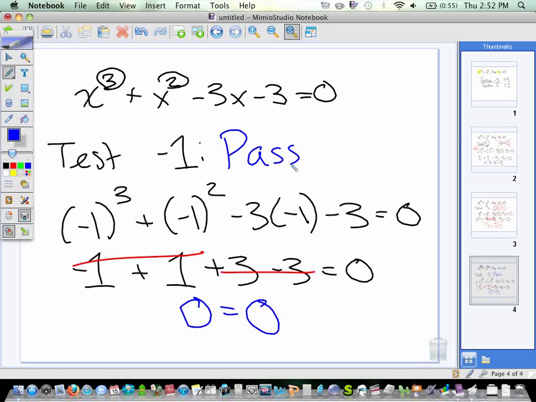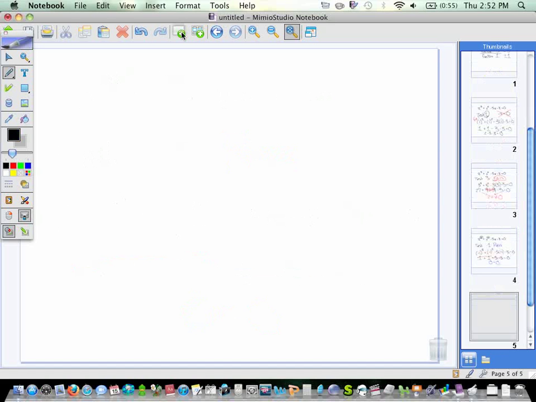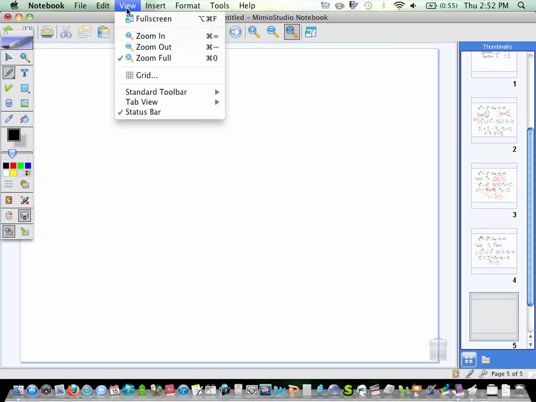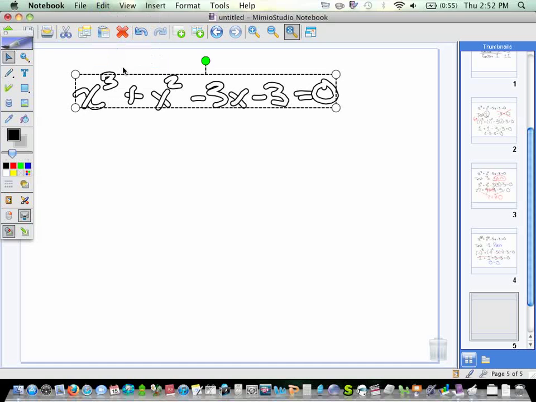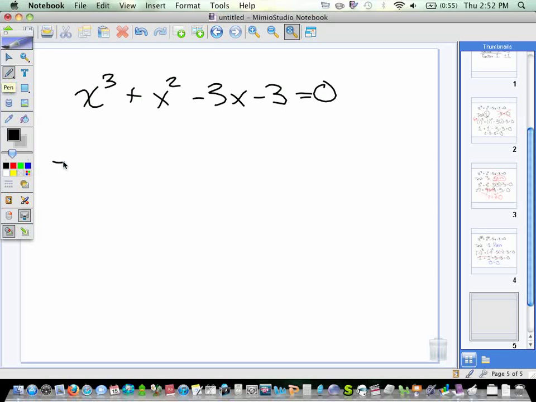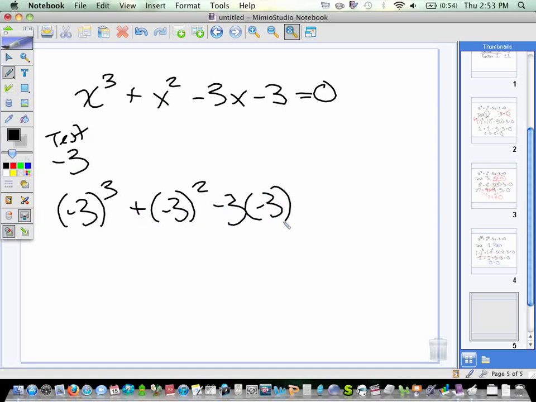Now, I know I told you in the beginning that there is only one answer for this, but had there not been one answer, we would have to do this one more time. So because I am the math teacher and I like to do as much math as possible, we're going to do this one last time to make sure that everything is correct. Except now we're going to choose the last value, which happens to be a test for -3. -3 cubed plus -3 squared minus 3 times -3 minus 3 equals 0.